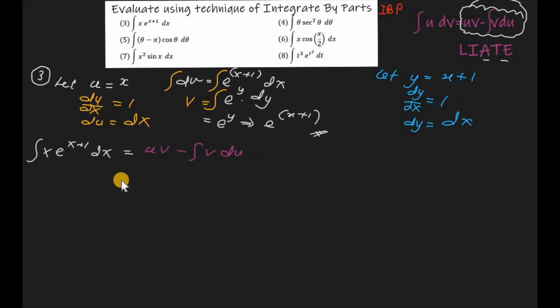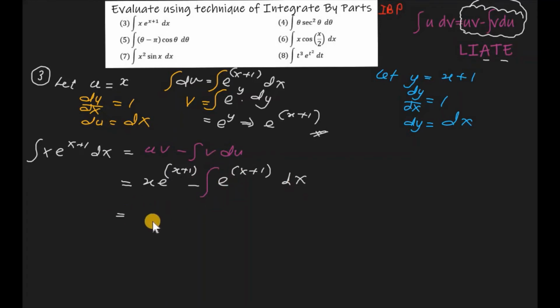Okay, coming back to our question. We cannot straight away integrate. We need to use this IBP, integration by parts. That's a formula to simplify it. So x, let's replace it. So I'm going to replace the values. There's a v minus, we are to integrate v, we have this one just now, e power x plus 1, and du is dx.